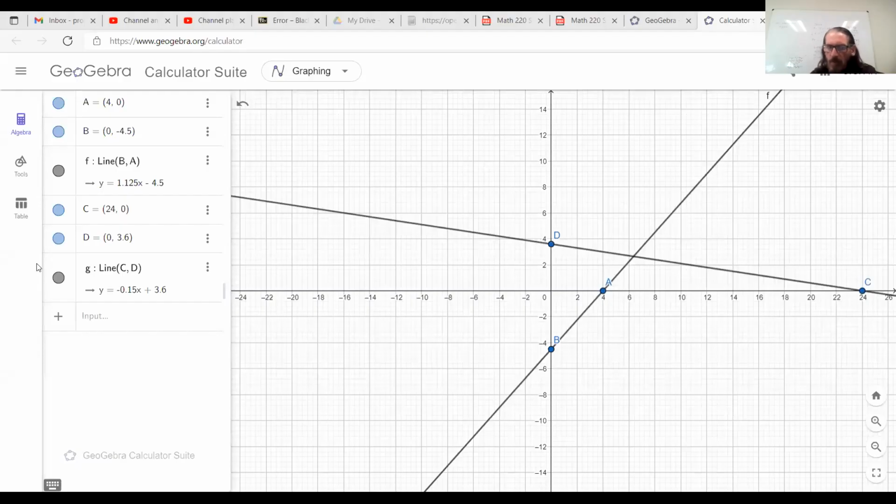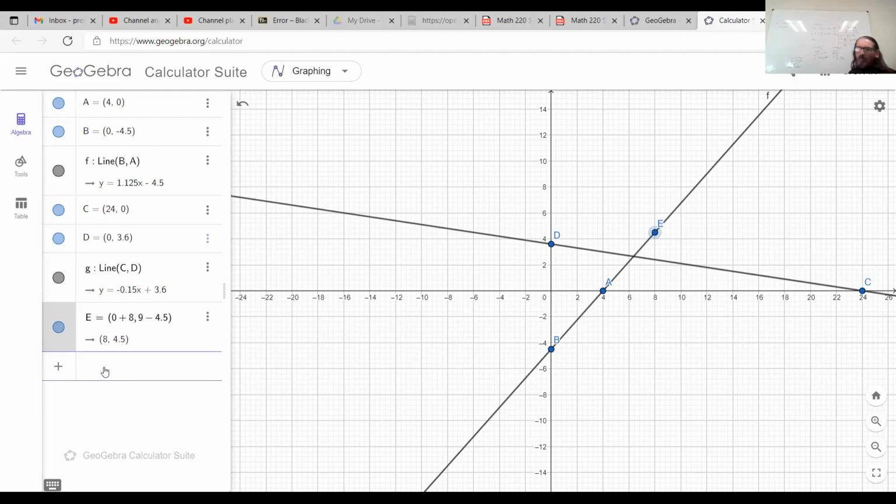It might not like me trying to do the arithmetic, but we're going 8 units right of 0 because of the denominator. And then up 9 units from the -4.5. There we go. Notice how that's on that first line. And so similarly, if I start at 0, 3.6.